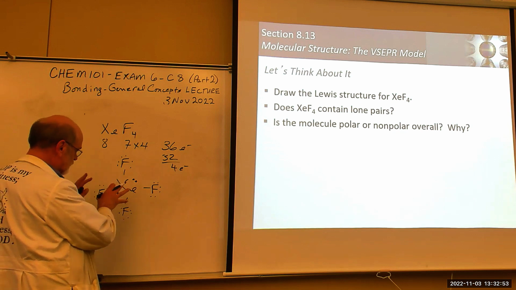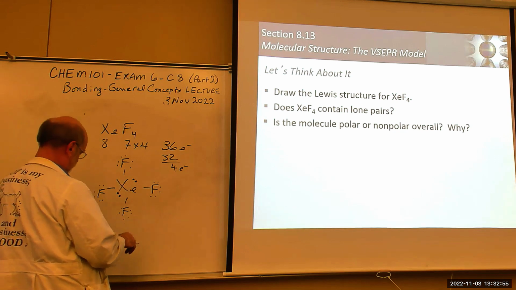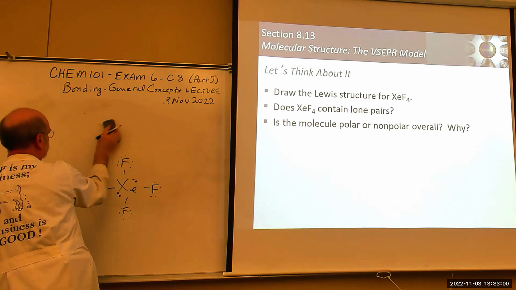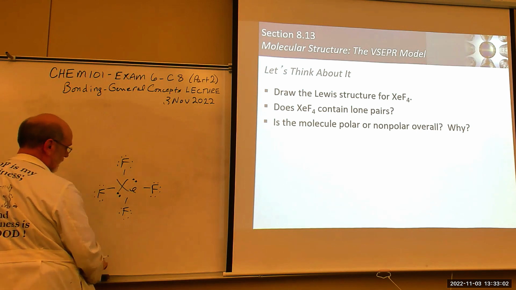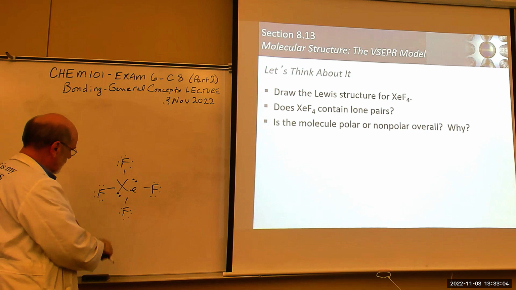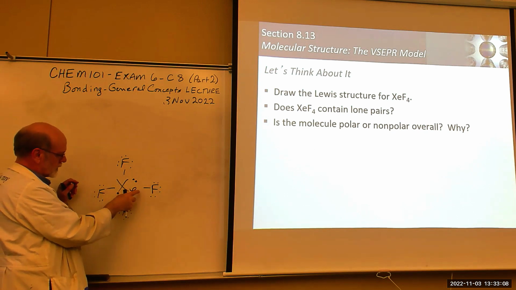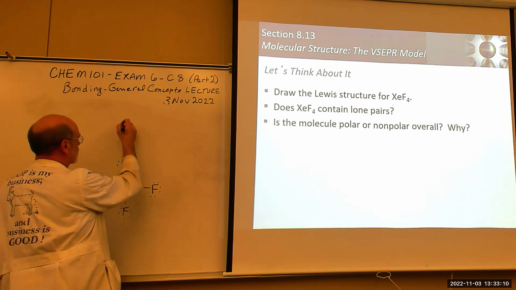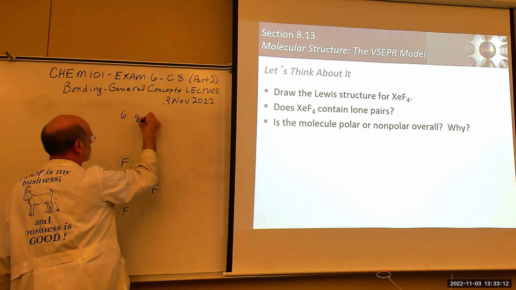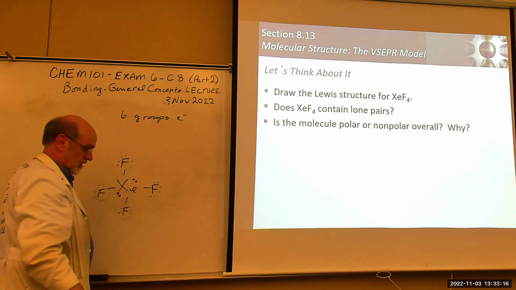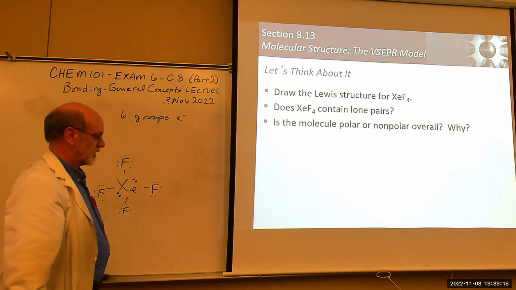All right, let's take this structure and jump ahead here. How many groups do we have around xenon? 1, 2, 3, 4, 5, 6. We have 6 groups of electrons, which means it's an octahedron.